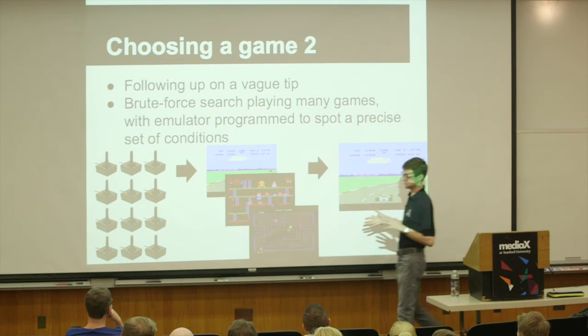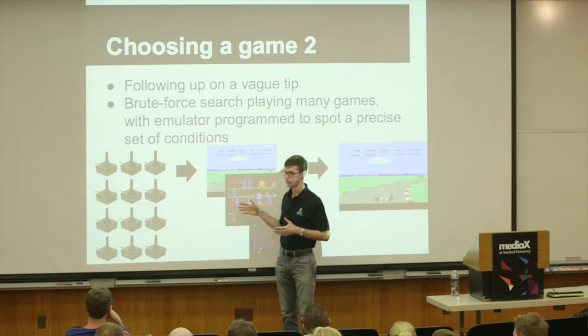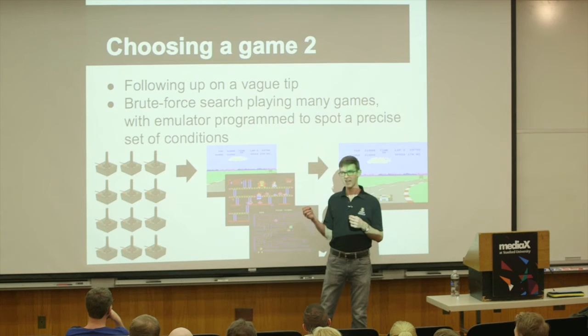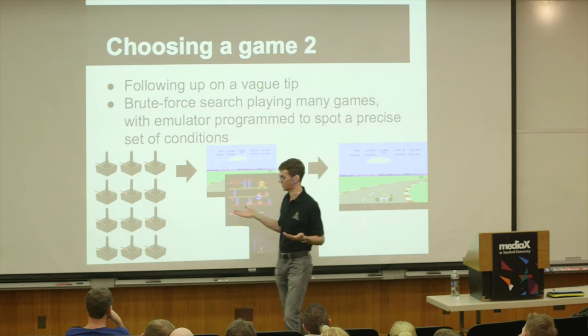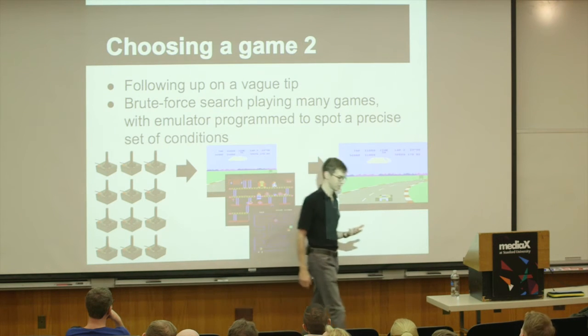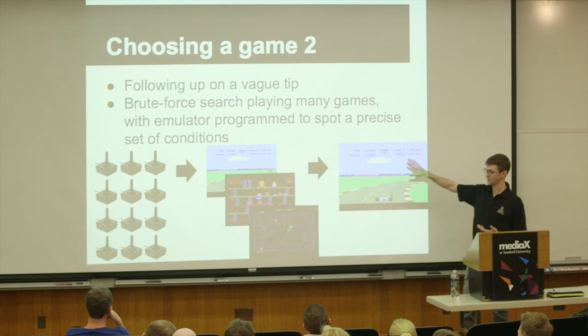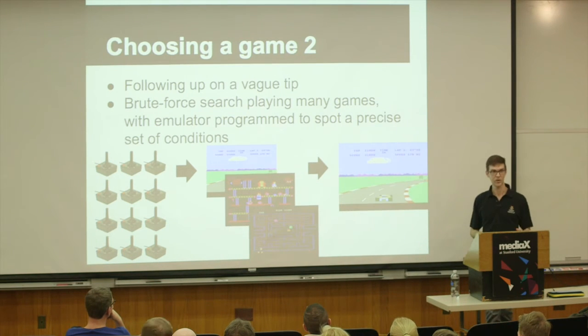I was looking for a particular type of copy protection on the Atari 400 and 800, which I figured had to be there someplace, but I didn't know which game would have it. And so I set up my emulator, started playing a whole bunch of games, and then lo and behold, I had a short list, dug into the code, and actually found one that was perfectly suited for what I was looking at.